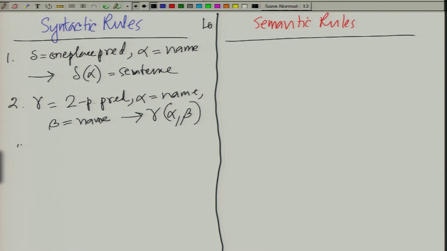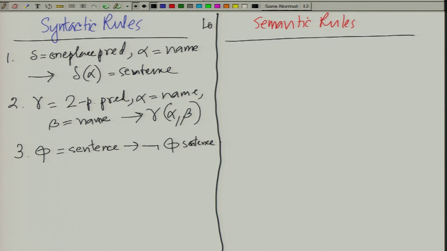And just one rule with the logical connective: if phi is a sentence, so is neg phi. So, just three rules.